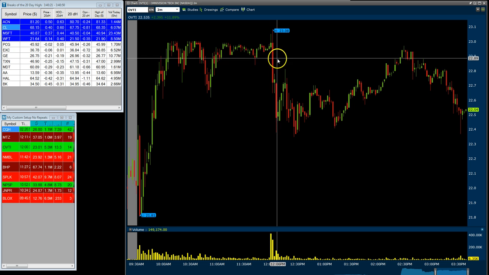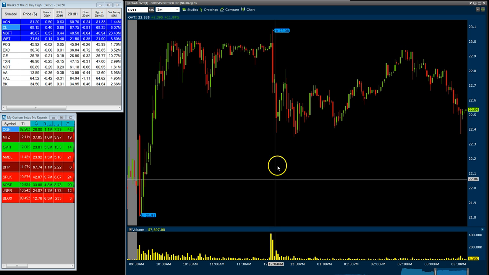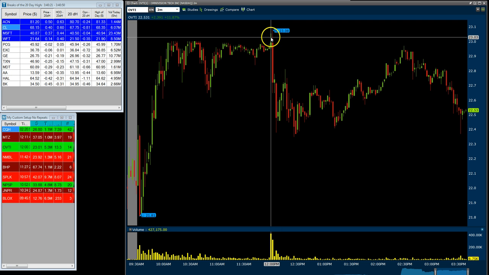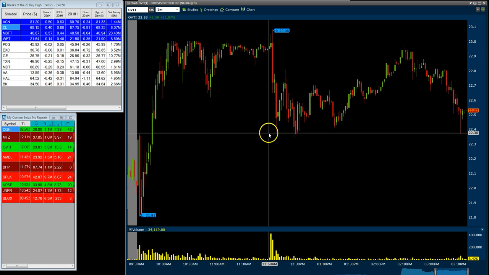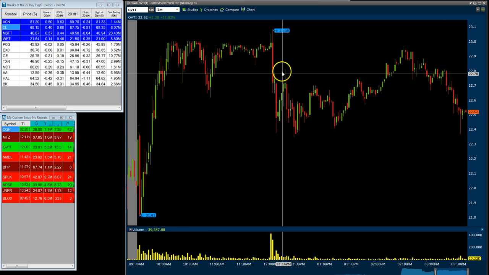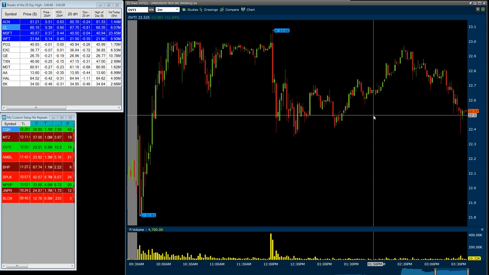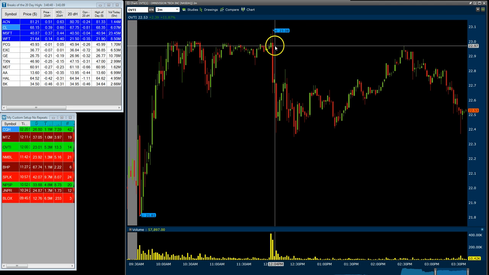And who knows why? Here you get the nice volume spike that we were talking about in the previous one, and you can see that it did pop over. And so you're thinking, okay, everything's fine. And then literally in the next second, it just collapsed. So very fortunate that I did not take that trade.